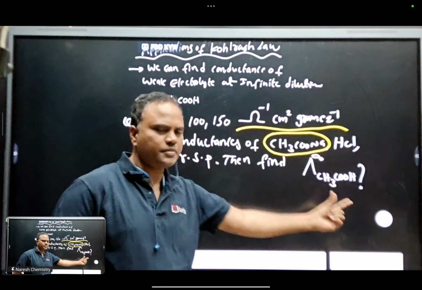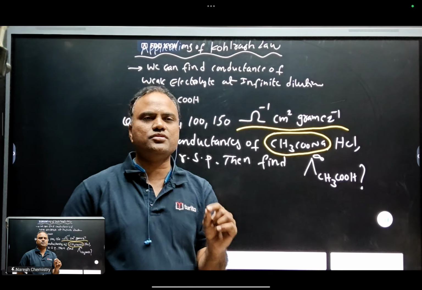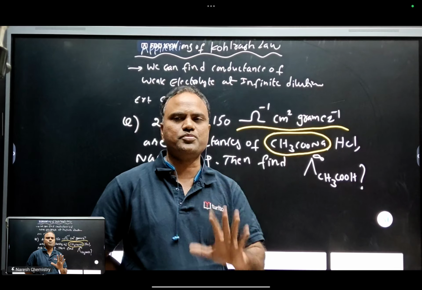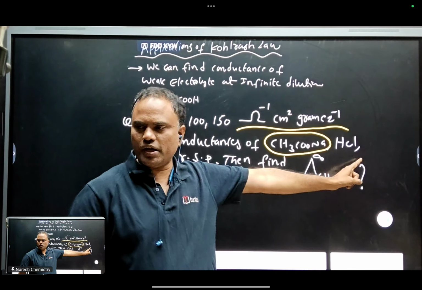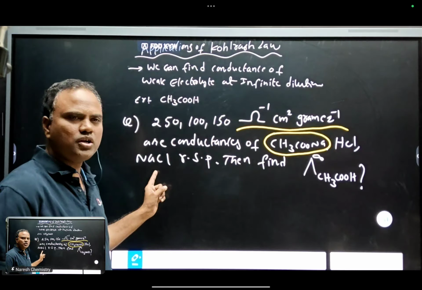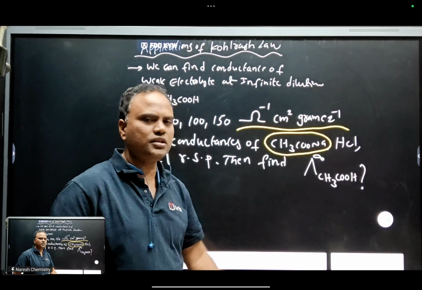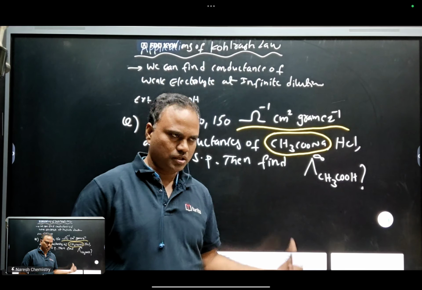No. Cl minus is present in this? No. Select the electrolyte which is not having common ion. Add two electrolytes with common ion and subtract the third electrolyte without common ion. Then you will get the conductance of weak electrolyte at infinite dilution.